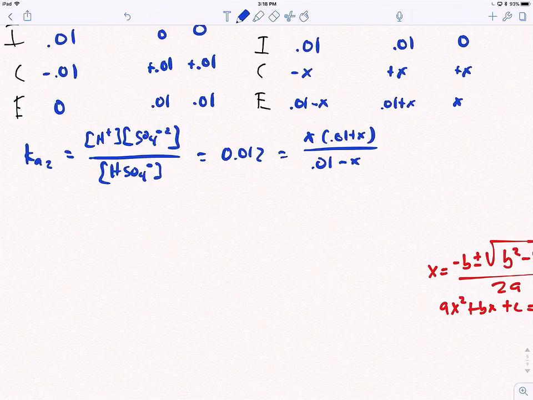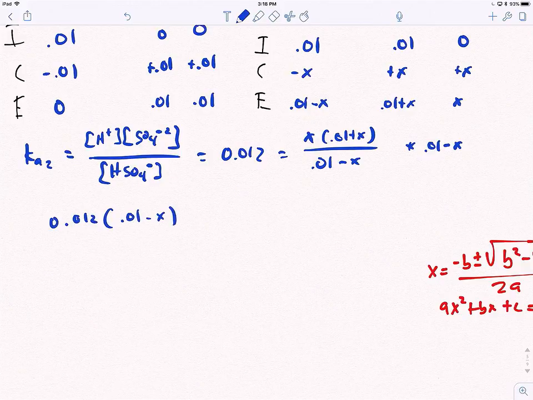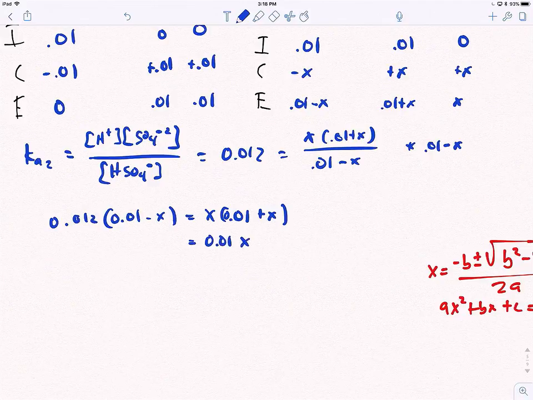And so we can start by multiplying by 0.01 minus x. So we have 0.012 times the quantity 0.01 minus x equals x times 0.01 plus x, which equals 0.01x plus x squared.